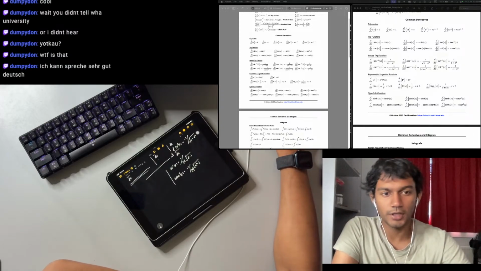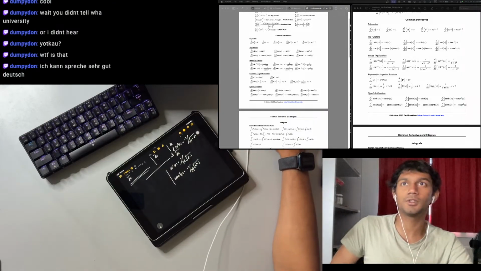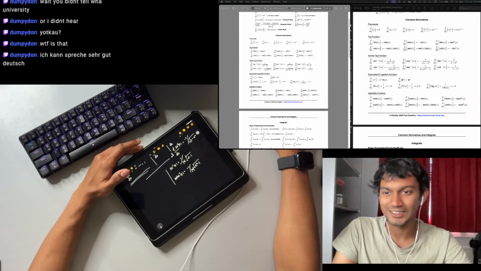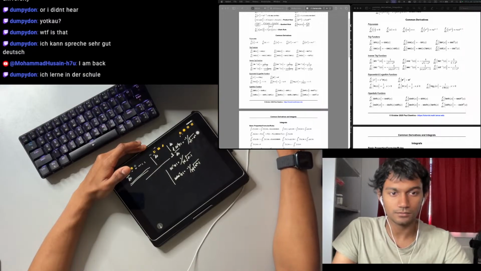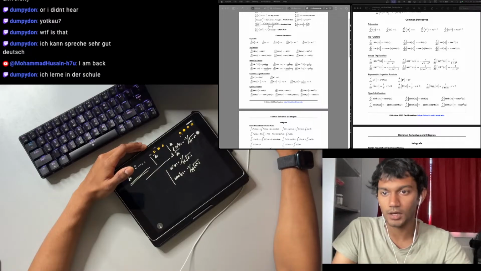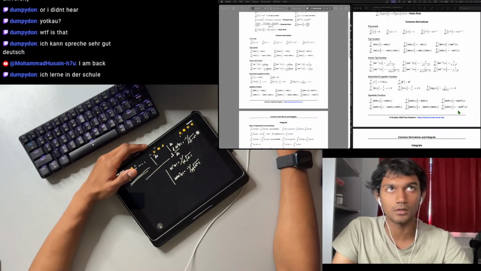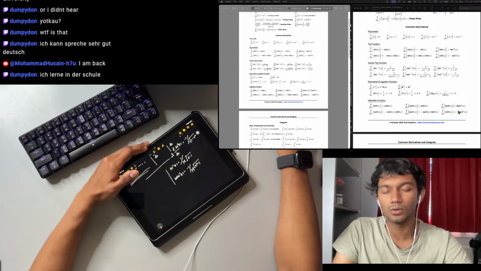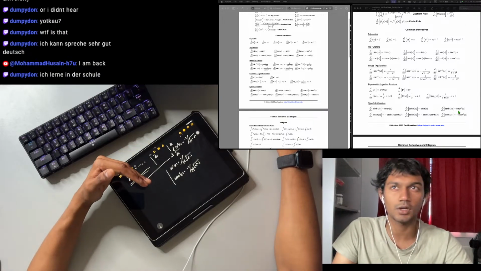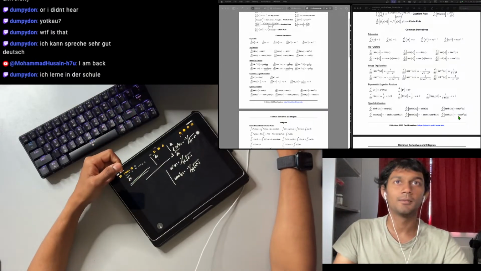I can speak German very well. Wow, that's very cool, right? Me too. My German is very, very small. I don't know so much German, but I'm learning. I learn in school. Oh, okay. My German is not so good. I still have a lot to learn. My German is not good enough to have a conversation. Maybe I can say, mit Karte bitte.